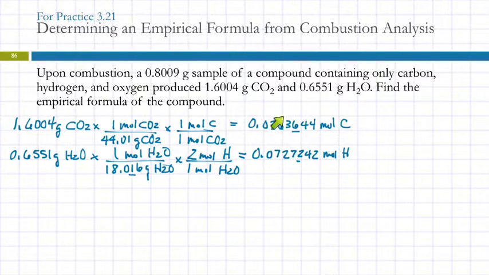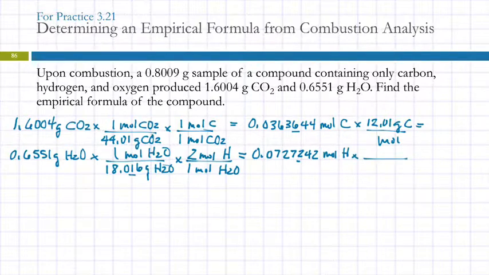Well, we need moles of carbon and moles of hydrogen to do the ratios, but we also need the masses so that we can find the mass of oxygen. So what I like to do is actually write the moles down here in the middle, because I'm going to need those later, but then continue on and convert to grams so that I can subtract that. So this many moles of carbon converting to grams of carbon would be 12.01 grams of carbon per mole.